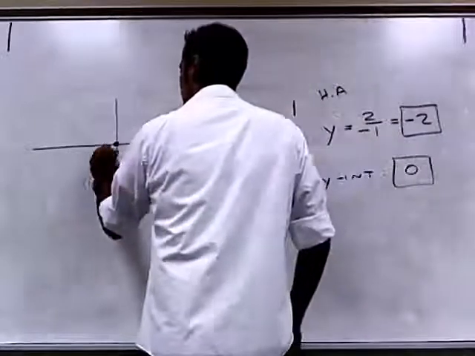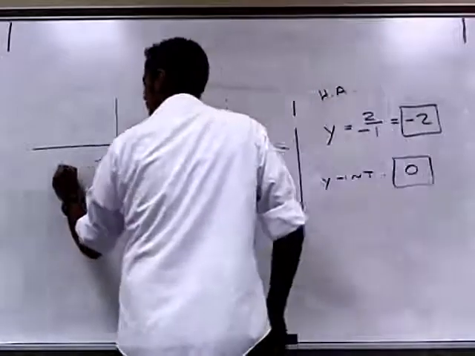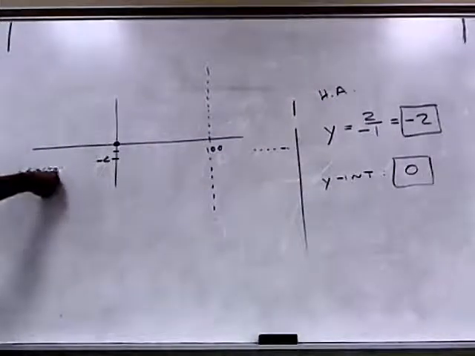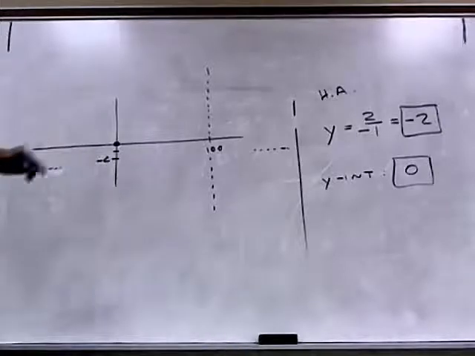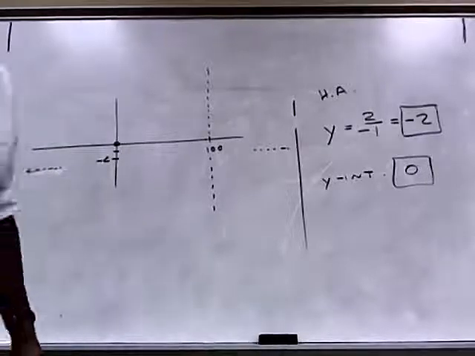So let's say this is -2 right here. Only on the edges of my graph, I will have a dotted line coming out like that. -2, only on the edges. And then my y-intercept is actually the same as my x-intercept, so there's nothing to do there.